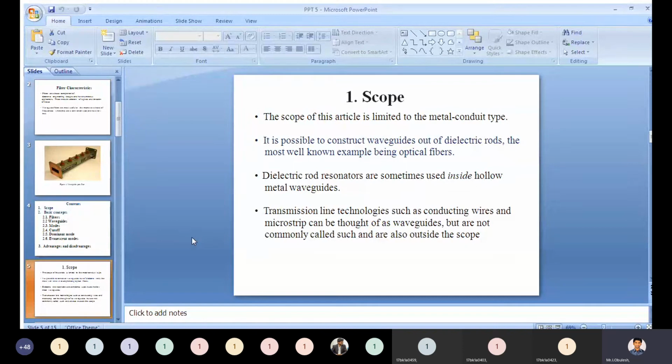The wave is mostly surrounded by conducting material. It is possible to construct waveguides out of dielectric rods, the most well-known example being optical fiber. I think you know very well regarding optical fibers.